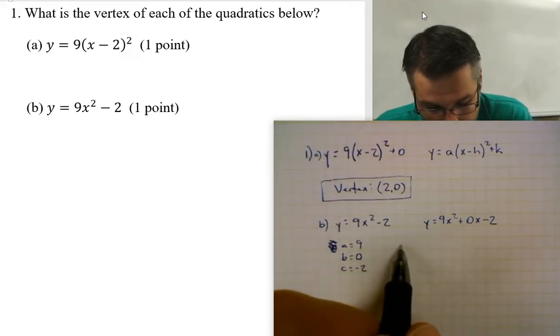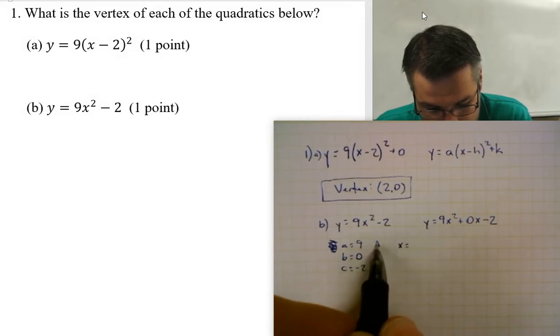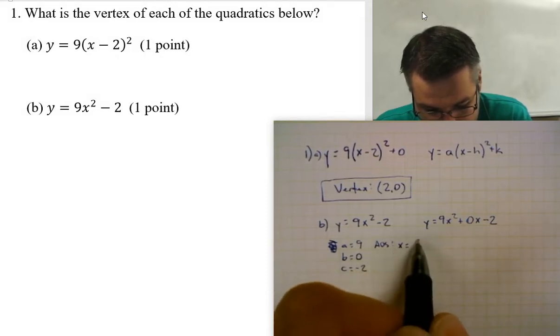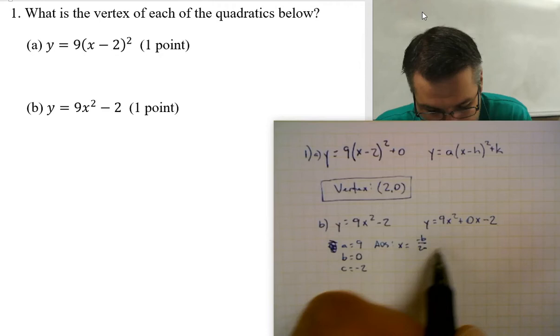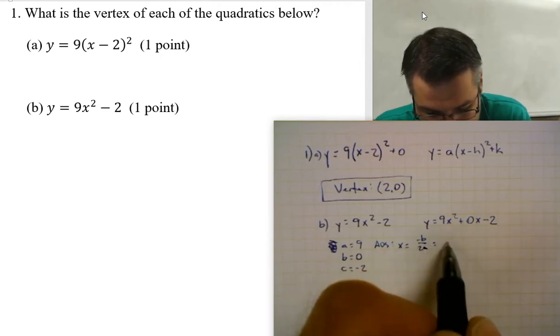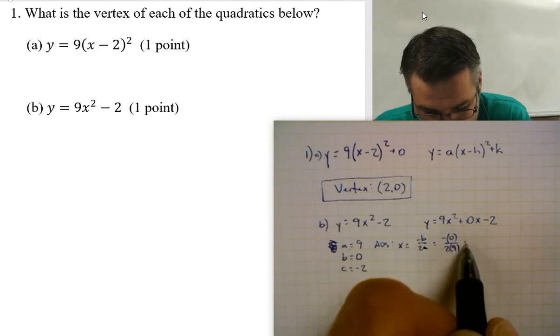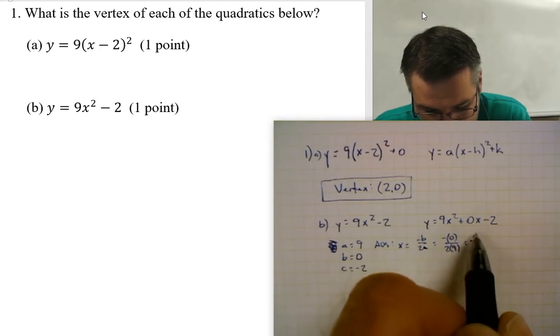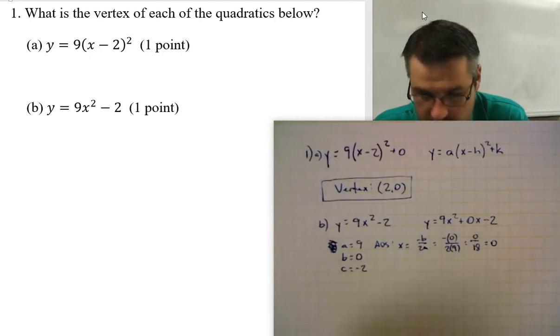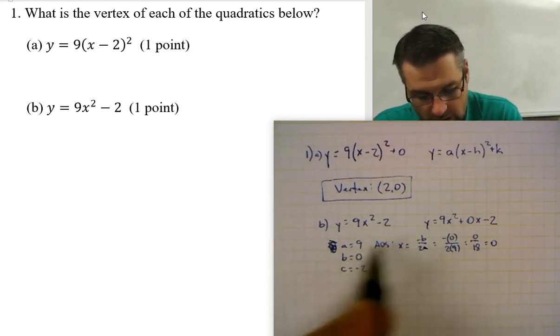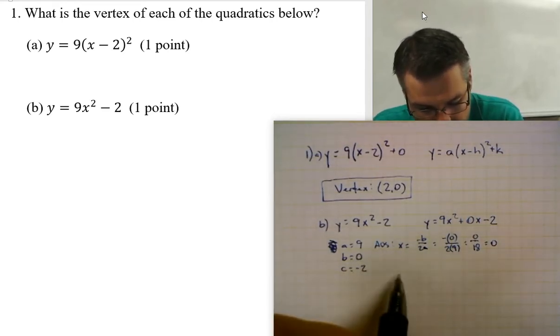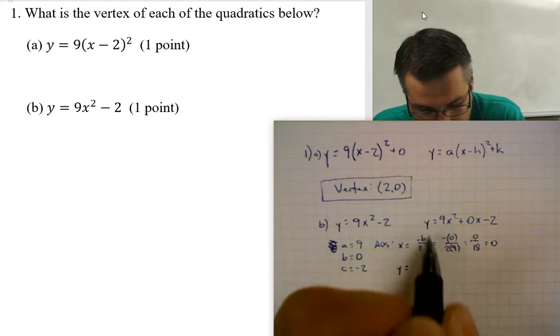Well, remember, for the vertex, you have to find your axis of symmetry first. That's -b over 2a. And in our case, b is 0, so we can just put -0 over 2 times 9. Well, that's going to be 0 over 18. And 0 divided by 18 is just 0. 0 divided by anything is 0. So our axis of symmetry is 0. And to find the vertex, we would take that 0 and plug it back in.